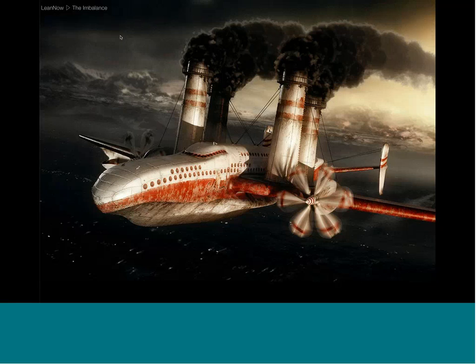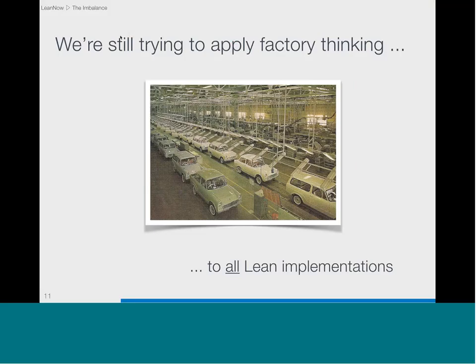The reason for that, primarily, as I mentioned earlier, is that there's an imbalance because we've been saddled with an implementation approach that stems from a factory floor going back over 50 years. And those approaches have really lost their relevancy in today's non-manufacturing organizations.